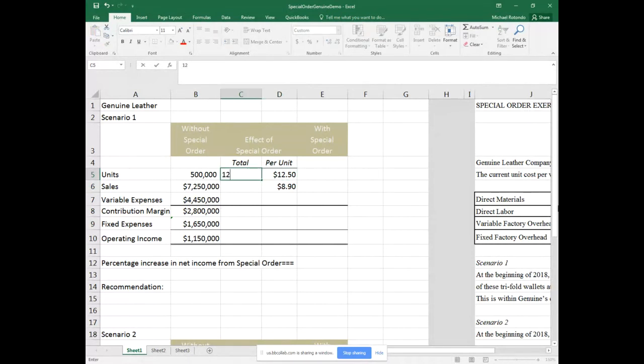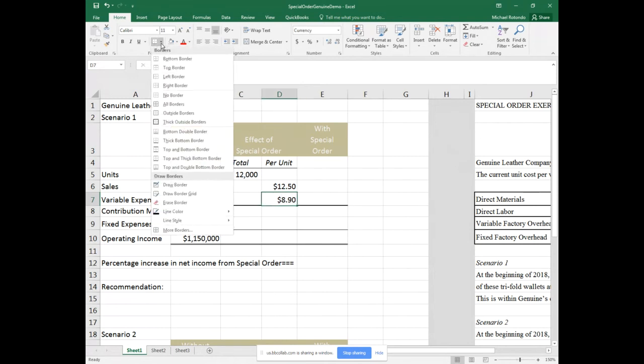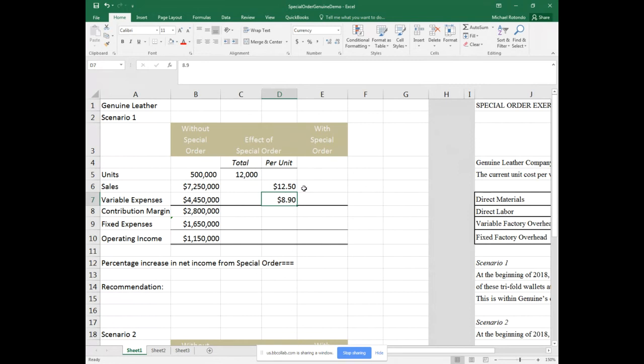So we're looking at 12,000 additional units at $12.50 per unit. Let's take our 12,000 units times the $12.50, and so we would have an additional $150,000 in sales.